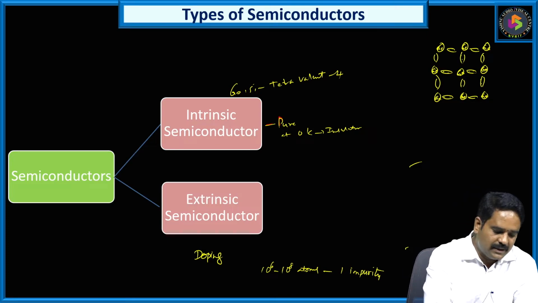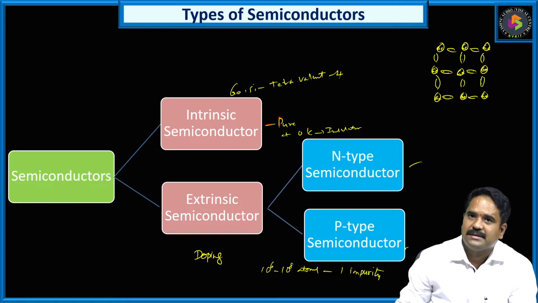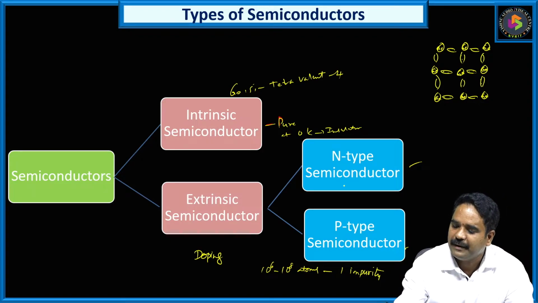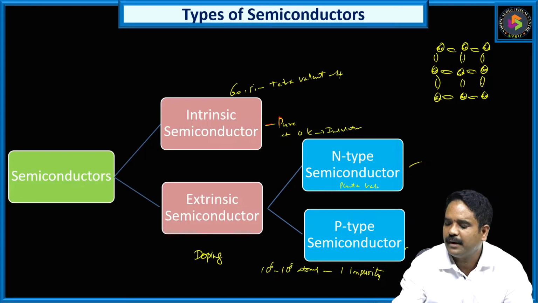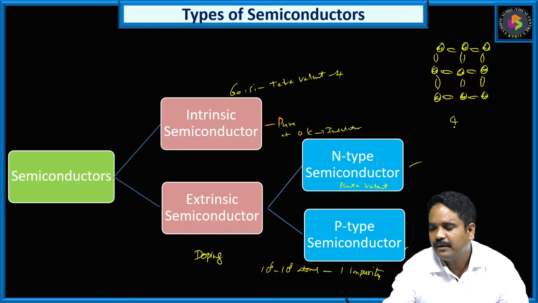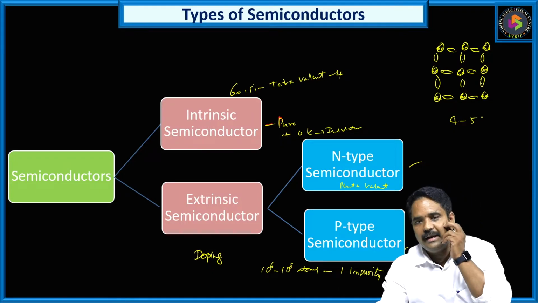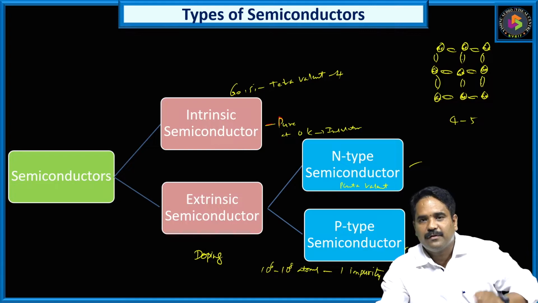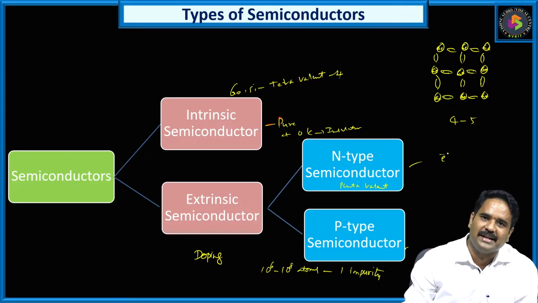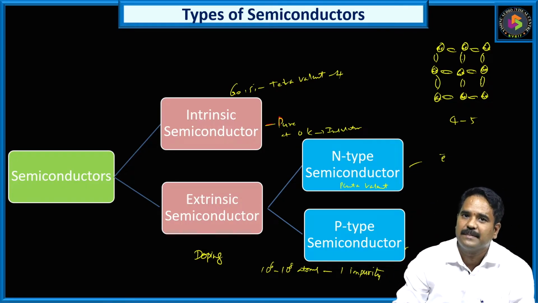So what is an n-type semiconductor? An n-type semiconductor is formed when an intrinsic semiconductor is doped with a pentavalent impurity. Penta means 5. We are adding a pentavalent impurity, so 4 electrons form 4 covalent bonds, and there is an excess of electron in the n-type semiconductor. Those electrons lie in an energy level known as the donor energy level.